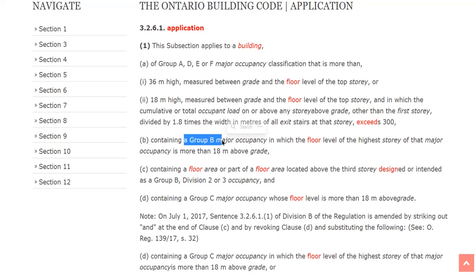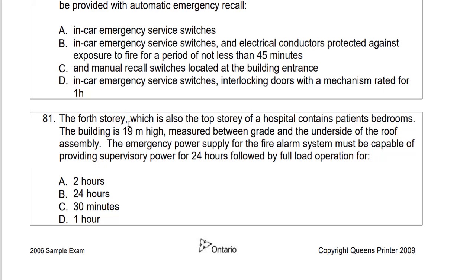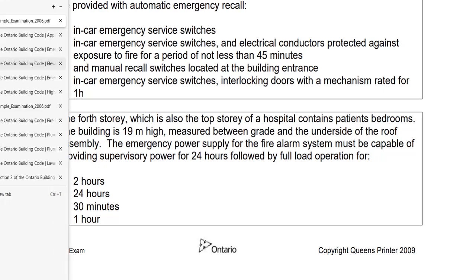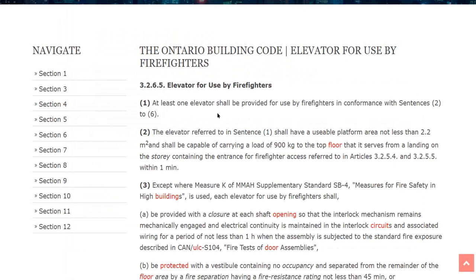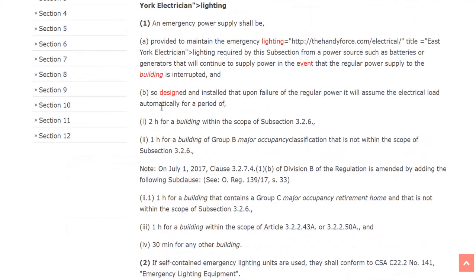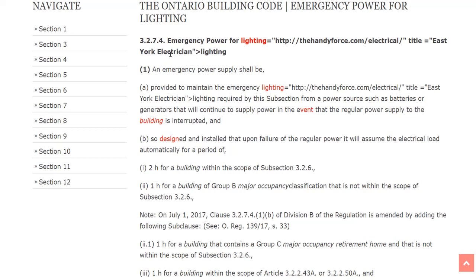Group B. Hospital is Group B. So then Group B, Division 2. This does refer to each other, I'm not going to read it through. Hospital is Group B, Division 2. It's more than 80 meters, so it is definitely considered a high-rise building. Where do we get the answer for that question? If we look at emergency power, 3.2.7.4, it says 2 hours for a building within the scope of 3.2.6.